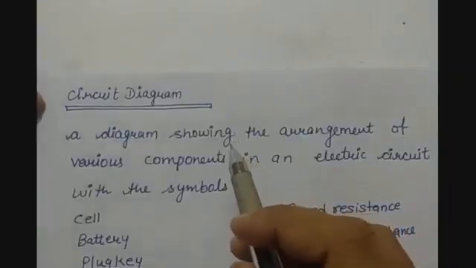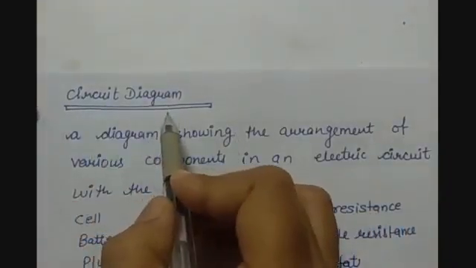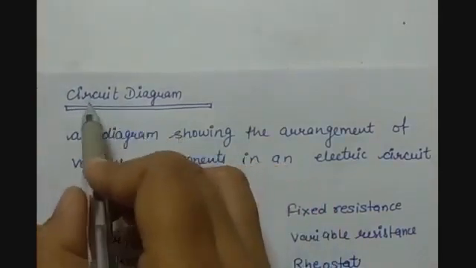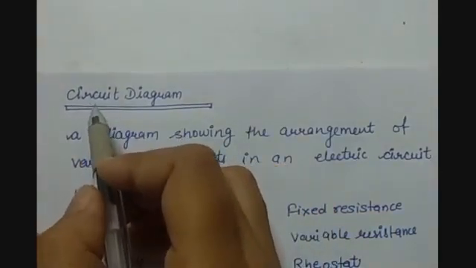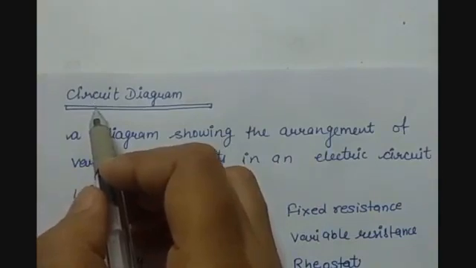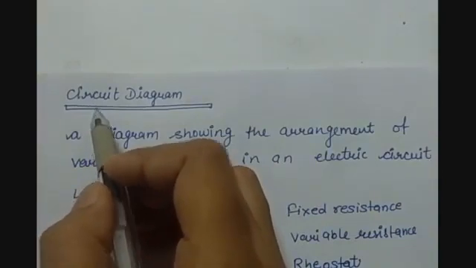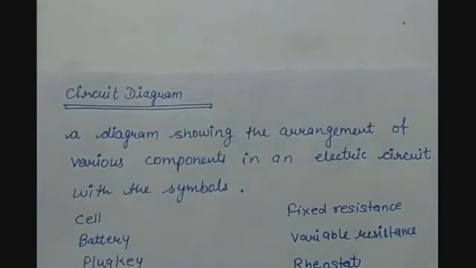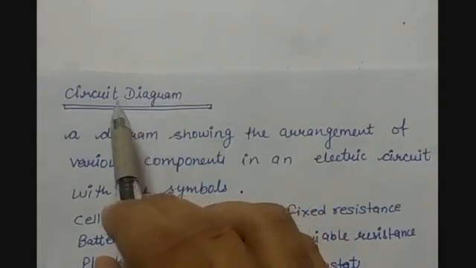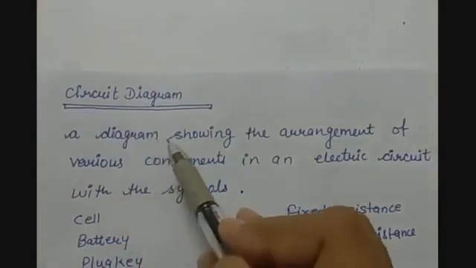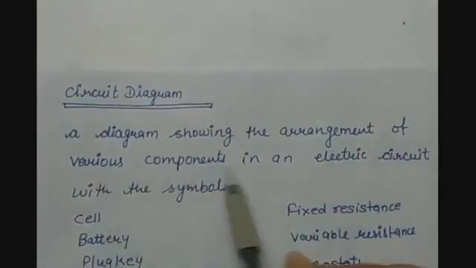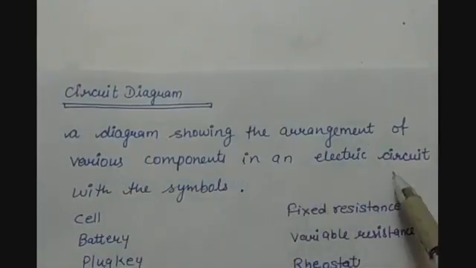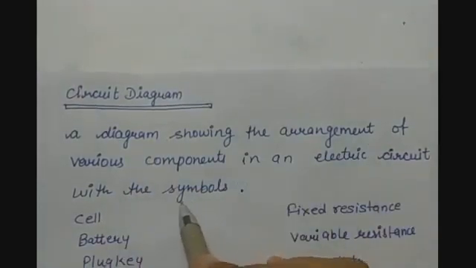Next topic is circuit diagram. We have studied about electric circuit. An electric circuit is mainly the path of electric current in which conducting wires are used to connect the sources of energy and various electrical components. So a circuit diagram is basically the arrangement of various components in an electric circuit with the help of their symbols.